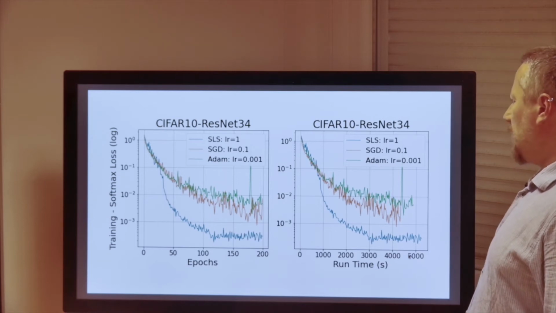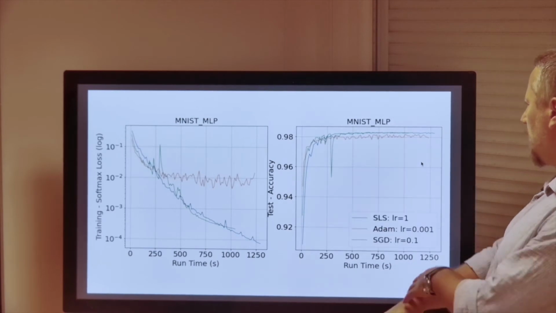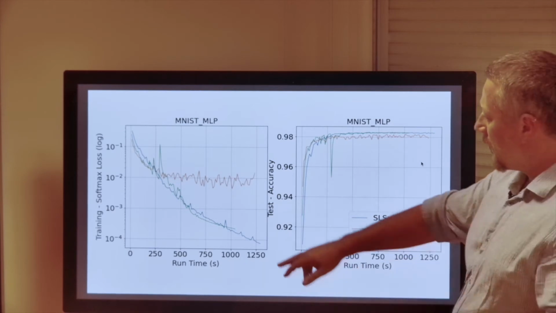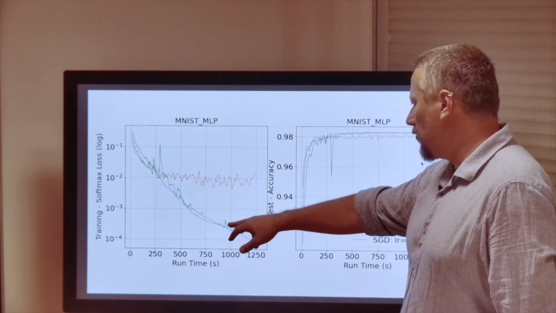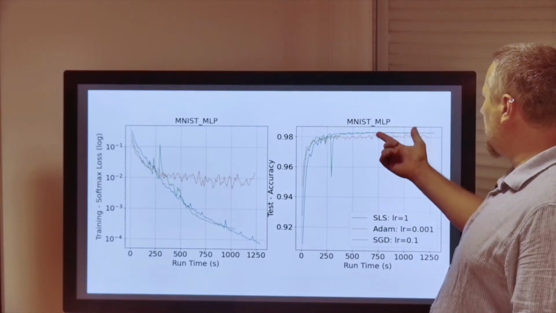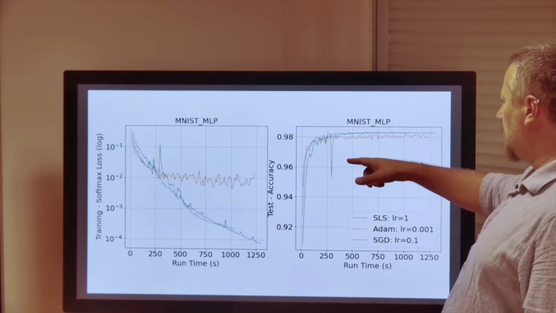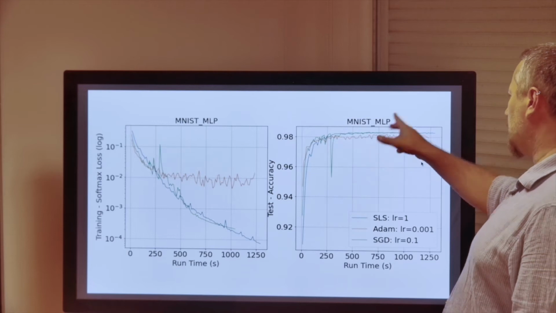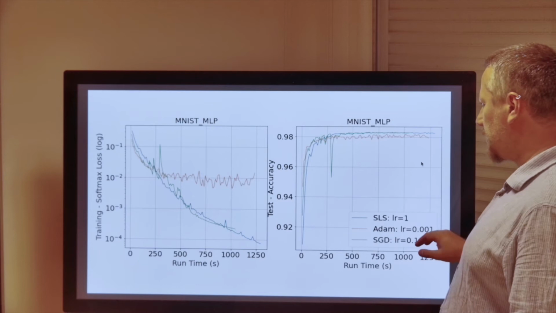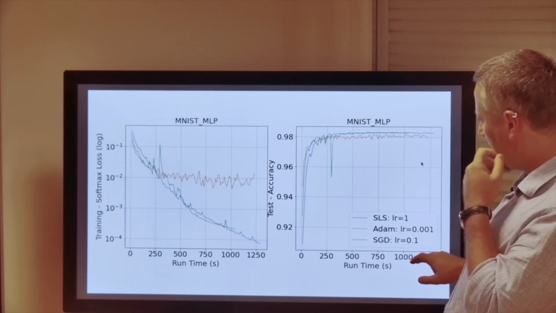And as we can see, even in terms of runtime, it works pretty well. SGD seems to go below it at some point, but in terms of accuracy, SGD is sometimes better, and then they converge to the same accuracy in a short time, in a sense. So, all right, this is what happens in runtime.